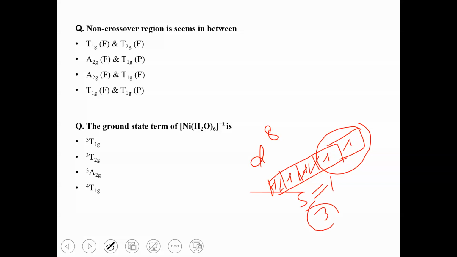So in the same way go to the d8 octahedral system, and since it is a high spin complex, since water is a weak ligand, you can just refer to the Orgel diagram.